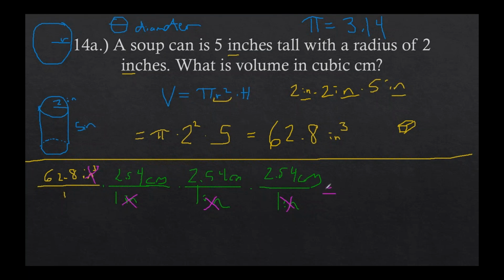So if you multiply all those together, we rounded slightly differently than we did on my answer key, so you guys are going to have to give me the answer on this one. All right, so let's just deal with 1,029 cubic centimeters.